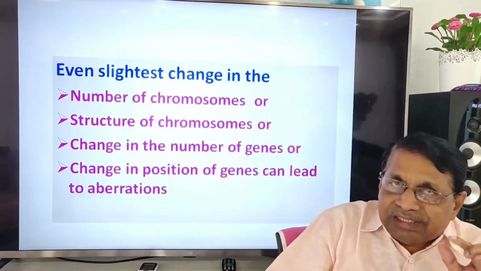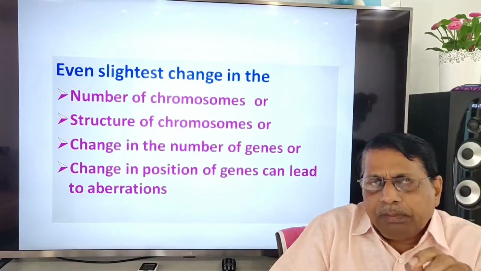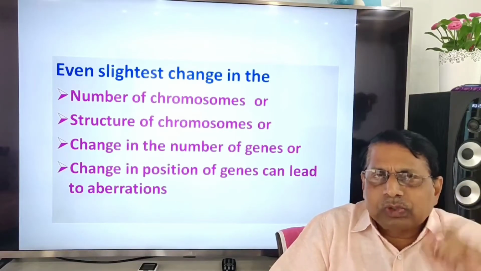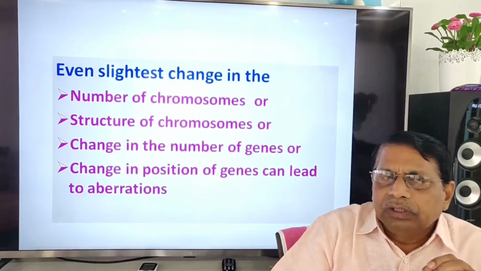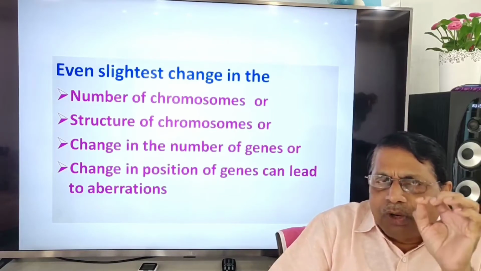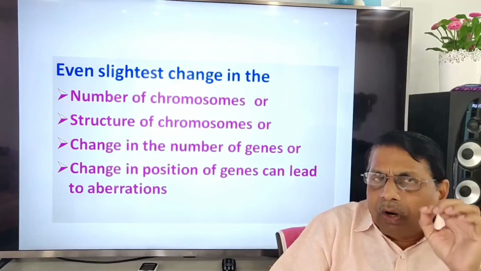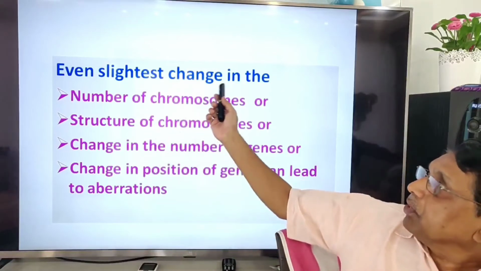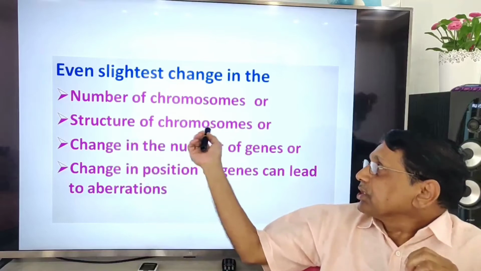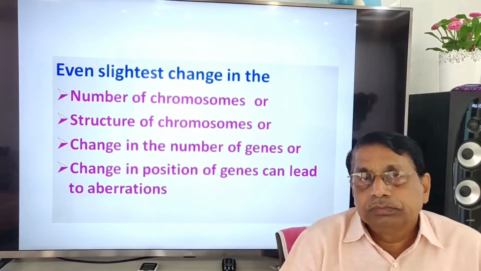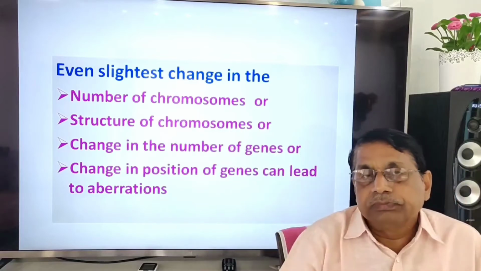Suppose there is a slight change in the structure of a single chromosome out of 22 or out of 23, even a small change in one chromosome out of 23, or a small change in the number of chromosomes, structure of chromosomes, or change in the number of genes.